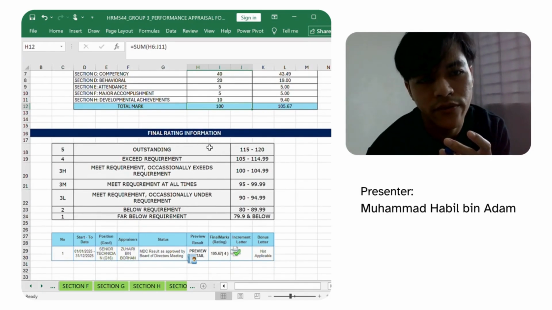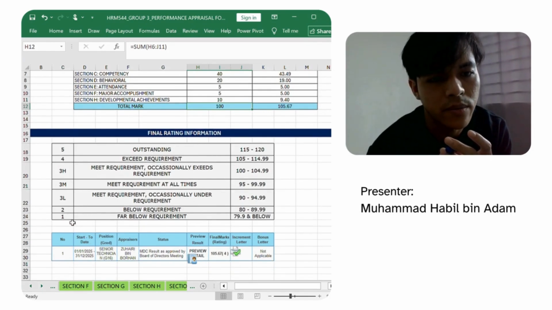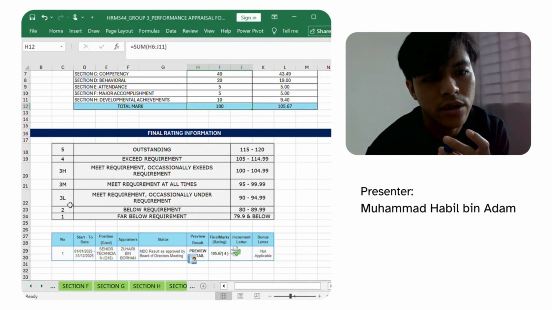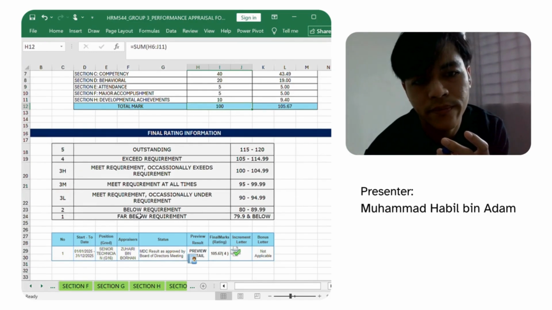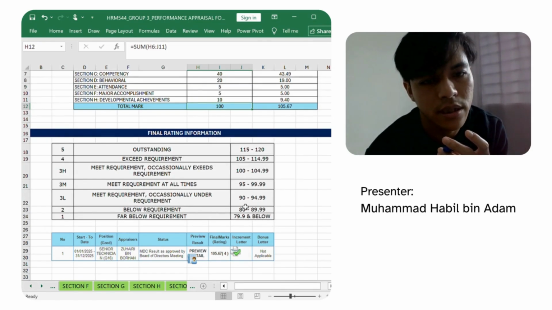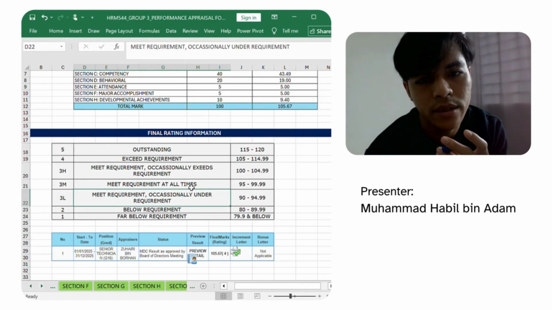Next, the final rating information at the bottom, 1 until 5. Each has 3 levels: low, mid and high. Number 1, far below requirement. Then below requirement. Then 3L to 3H, meets requirement, occasionally under requirement, from 90 to 94.99.